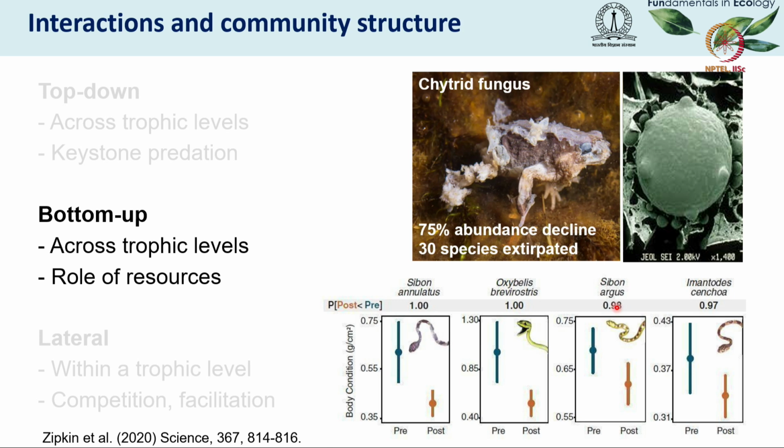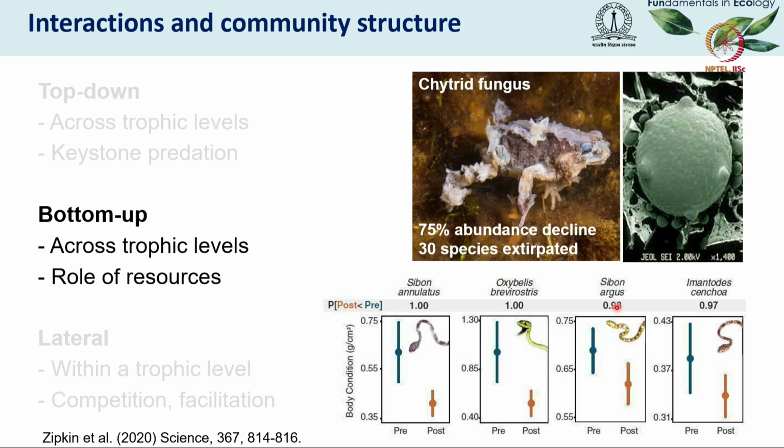So if there were 100 individual amphibians in that location before chytrid fungus hit, now there would be only 25 amphibians in that area. And in some places where these abundances have dropped by about 75%, 30 species have gone locally extinct.